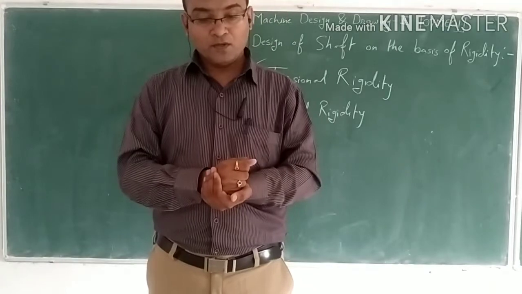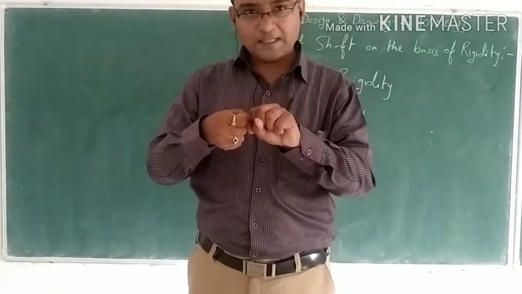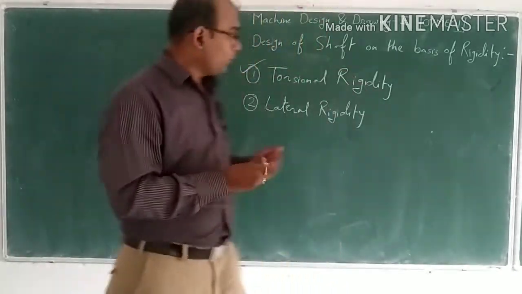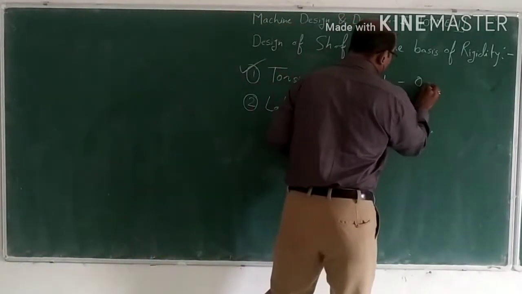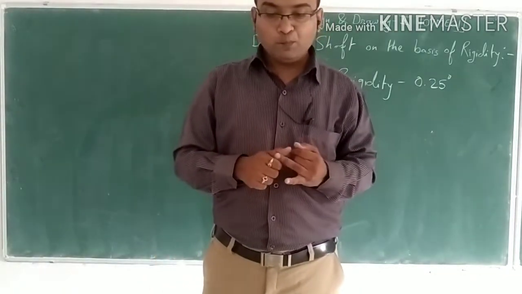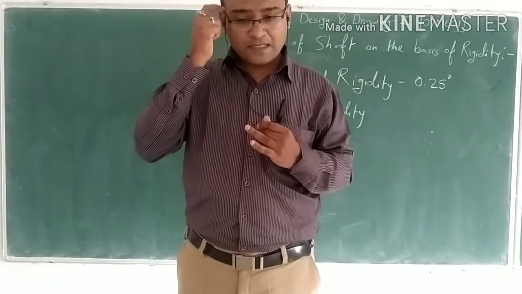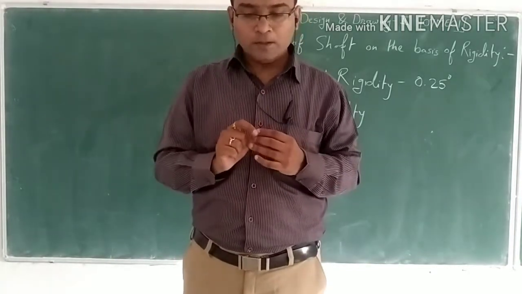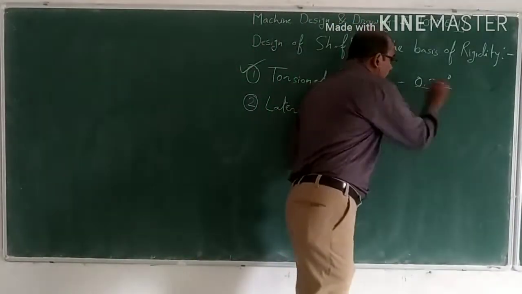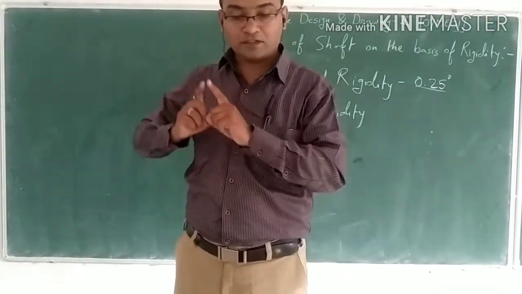So, where the timing of the valve would be affected, the permissible amount of twist should not exceed 0.25 degree per meter length of such shaft.